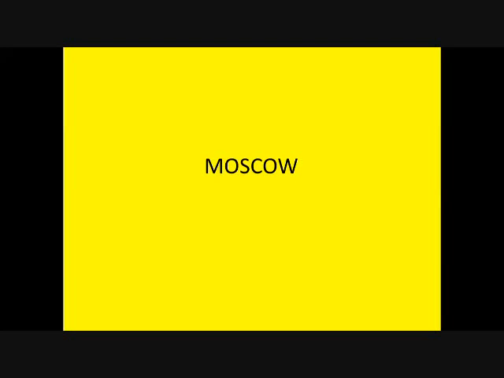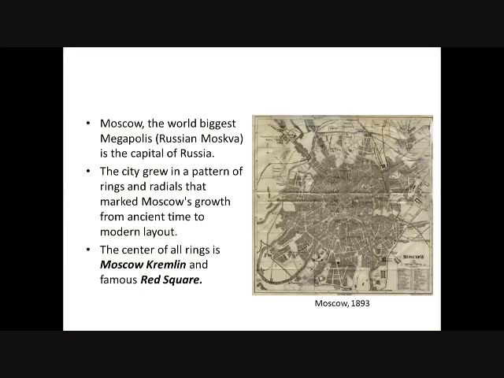The first one is Moscow. Moscow is the biggest city in Russia, is the capital, and it grew in a pattern of rings, as we see. And we have seen this example in the Gulf. Where did we see this? The growth as rings.